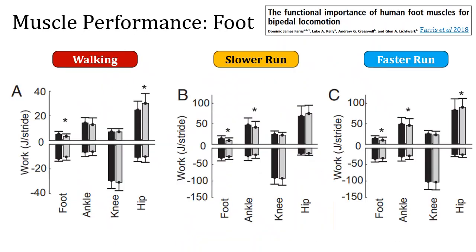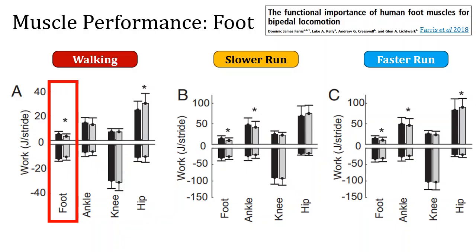All right, so in the cluster histogram here, you have the work on the y-axis for all three conditions: the walking, the slow run, and the fast run. The black represents the control. The gray represents the anesthetized tibial nerve. And you can see that the asterisk represents the difference between the two cohorts.